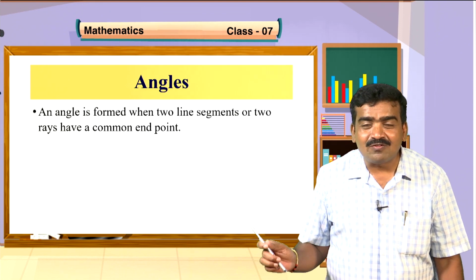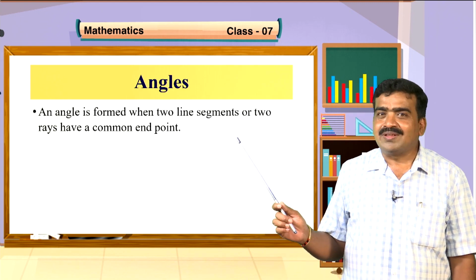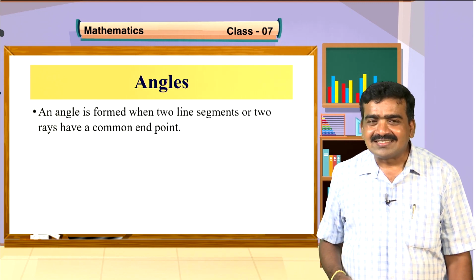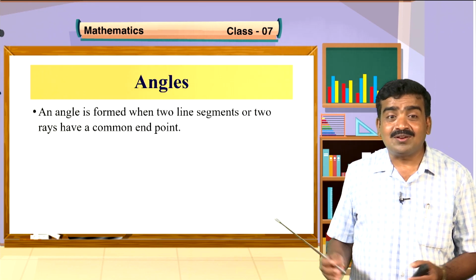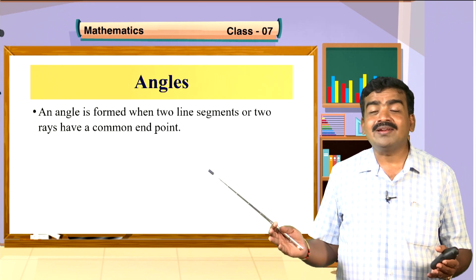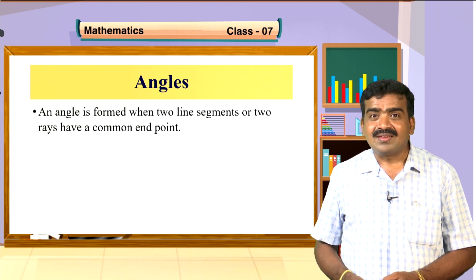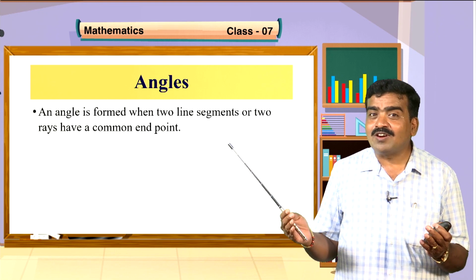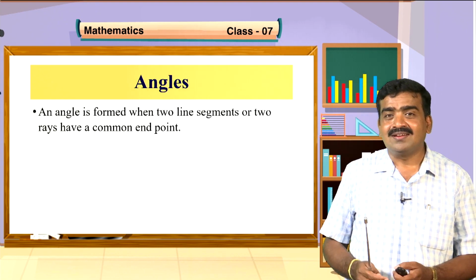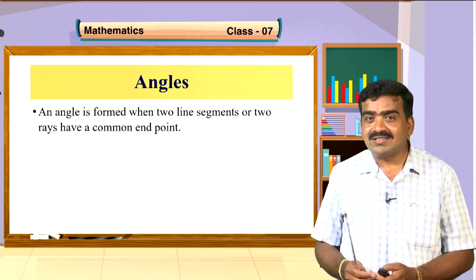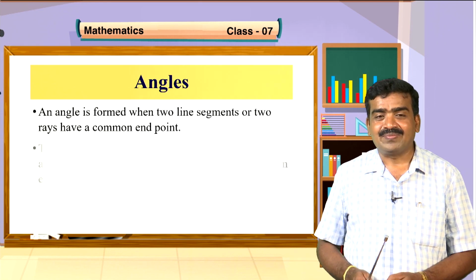An angle is going to be formed with two rays. An angle is formed when two line segments or two rays have a common endpoint. If two different line segments or two different rays have a common endpoint, there we can see the formation of an angle.